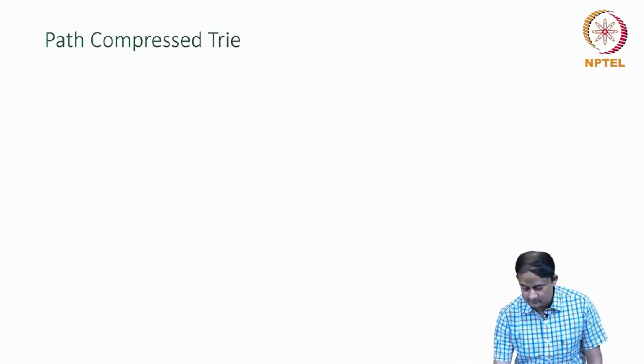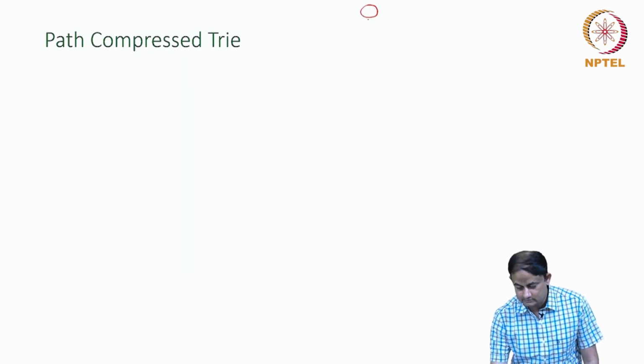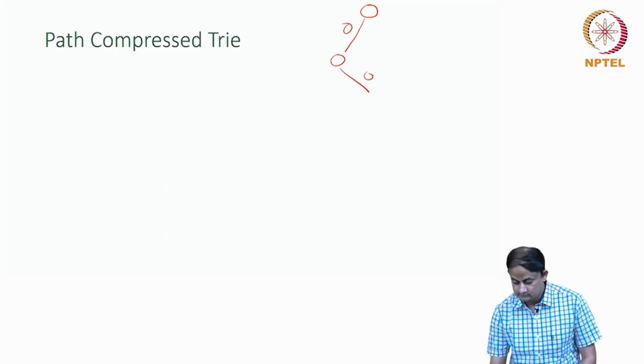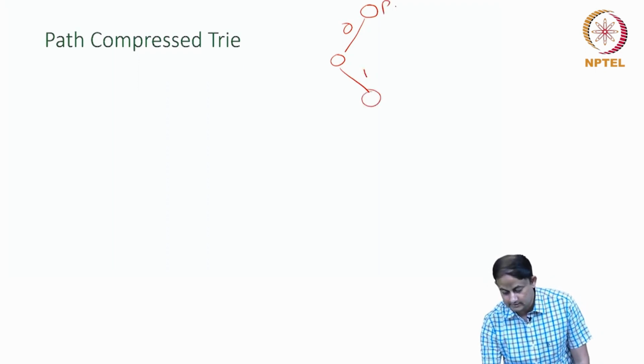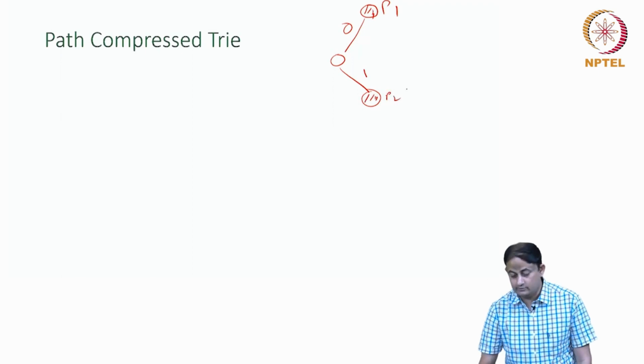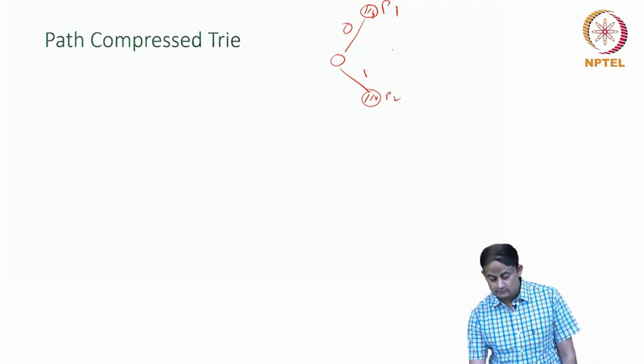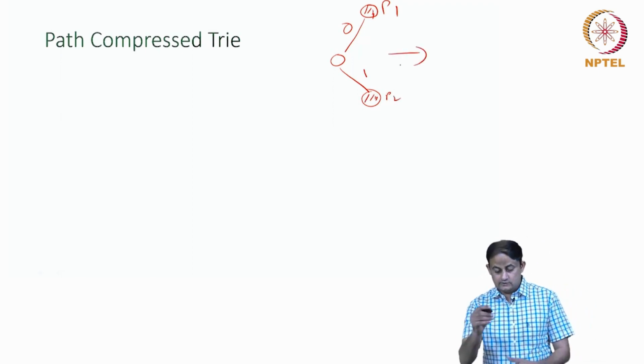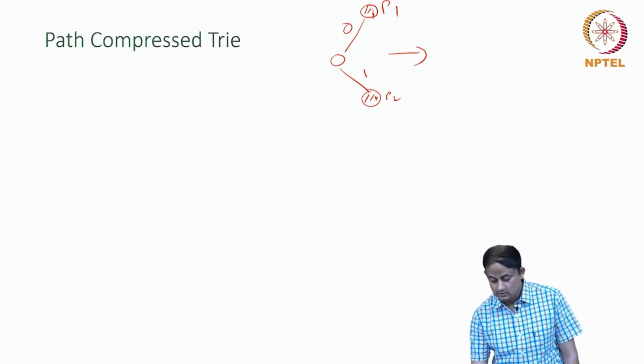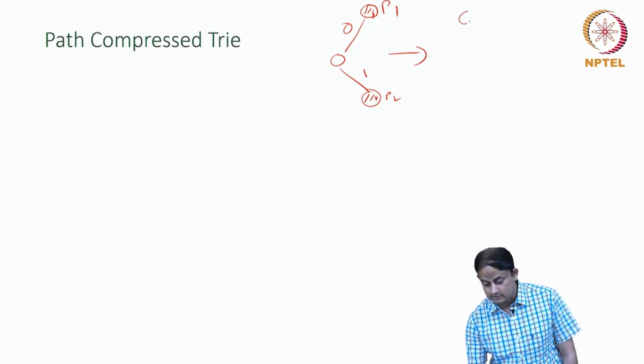So, here is a simple example. I start with the node here, 0 followed by 1, and this is my P1 and this is my P2. This trie has a height of 2. I want to convert this into this format.